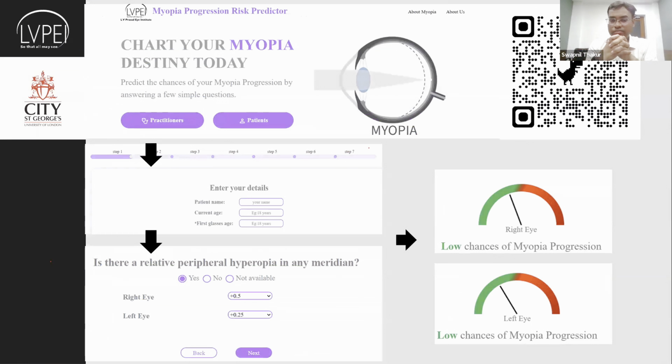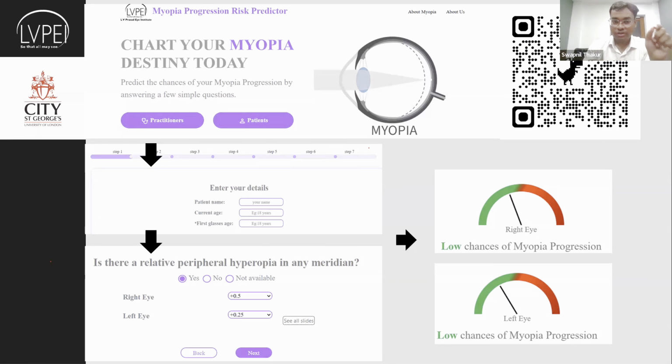Apart from this IMPACT guideline, we have also developed something called the myopia progression risk predictor, which is both for practitioners and for patients. The purpose of this platform is to have a quick screening of whether that patient has a higher or a lower risk of myopia progression.